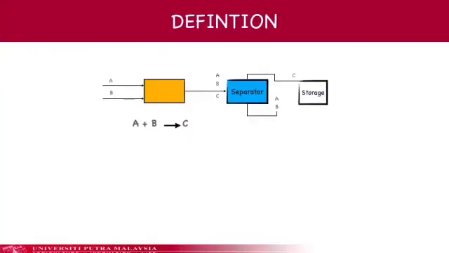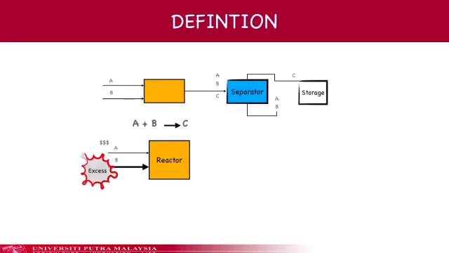Let's say we have two materials that are reacting to form a product. Our main aim will be to produce more of that product in the system by minimizing the cost and by fully utilizing all of our reactants.